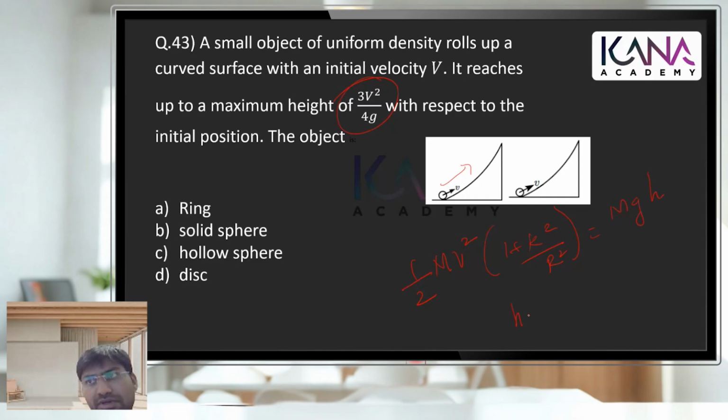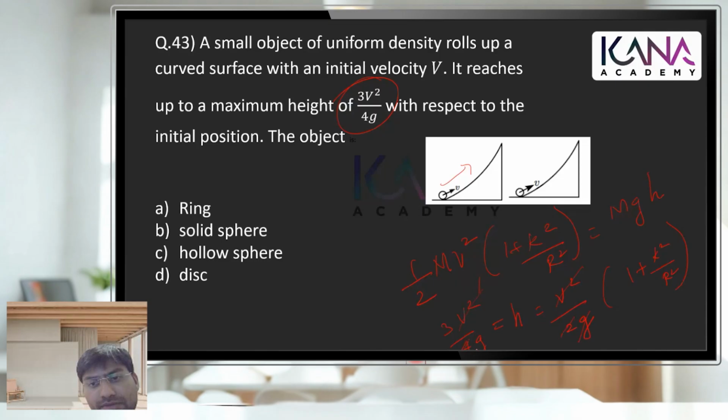If we solve it for h, it will be v square by 2g into 1 plus k square by r square. Here h is 3v square by 4g. If you substitute that here, it is nothing but 3v square by 4g. So we can cancel this.